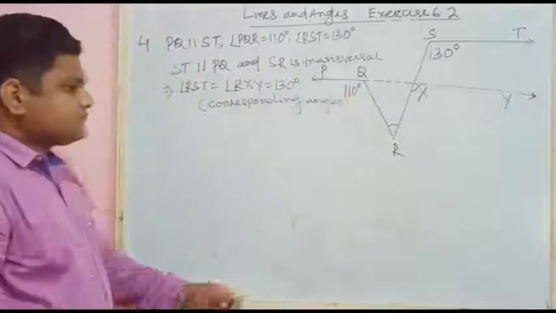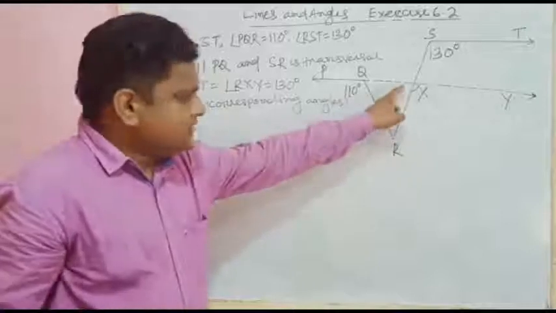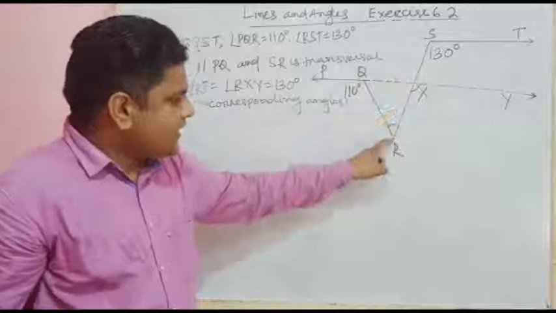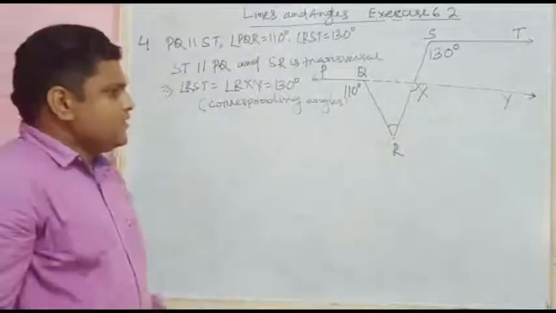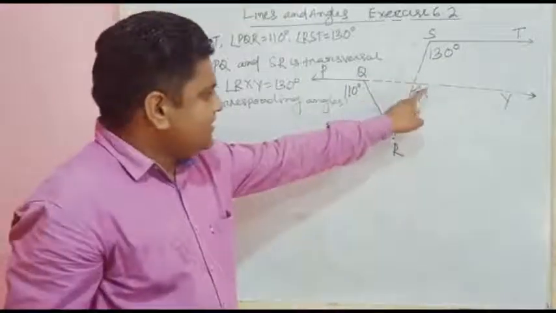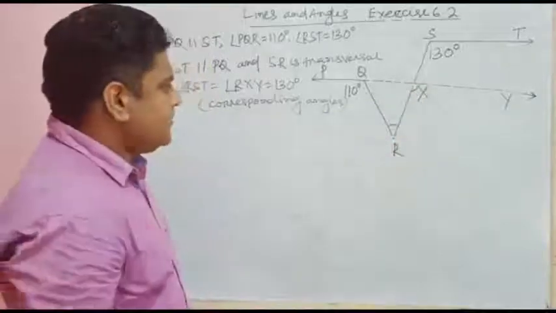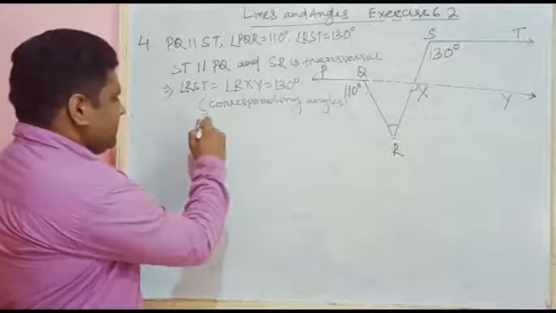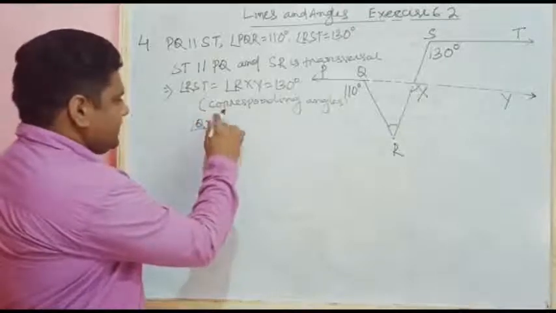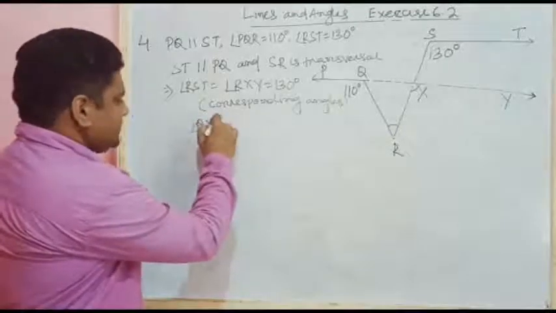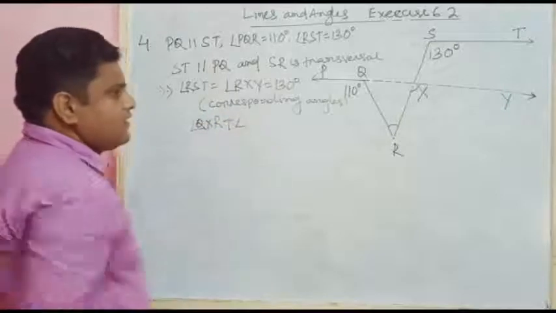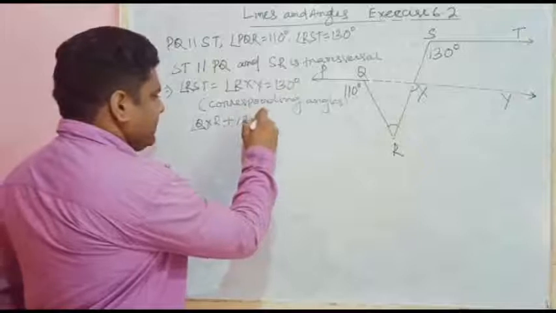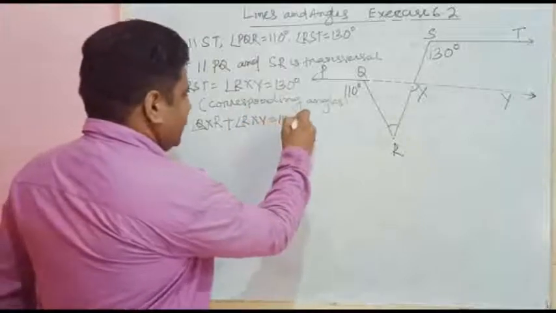Now this angle and this angle are a linear pair of angles, so angle QXR must be equal to 180 minus this angle. So let's write that, or in this way we can write angle QXR plus angle RXY is equal to 180 degrees.